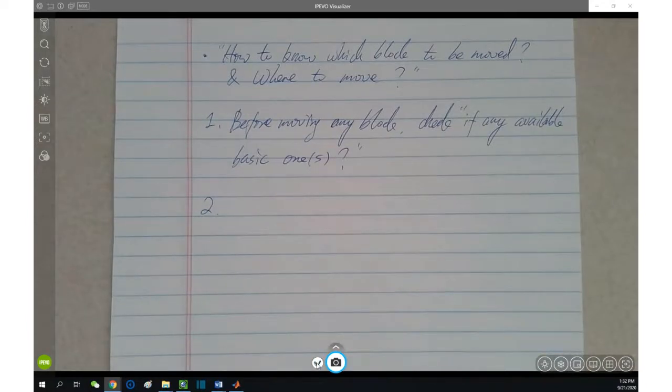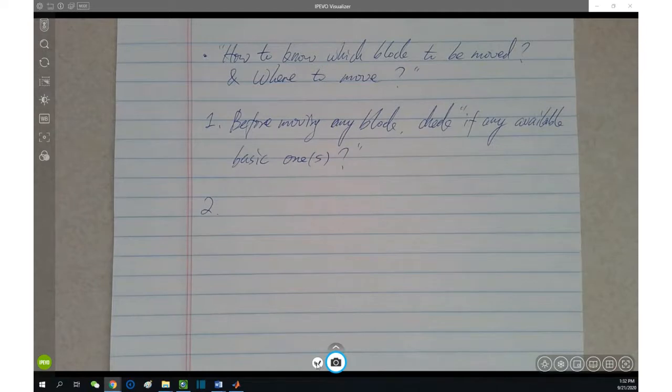Before conducting any moving, you need to check for available ones. Maybe a portion of the diagram contains a clear, very simple cascade or parallel or feedback. You want to combine there to make multiple blocks become one.